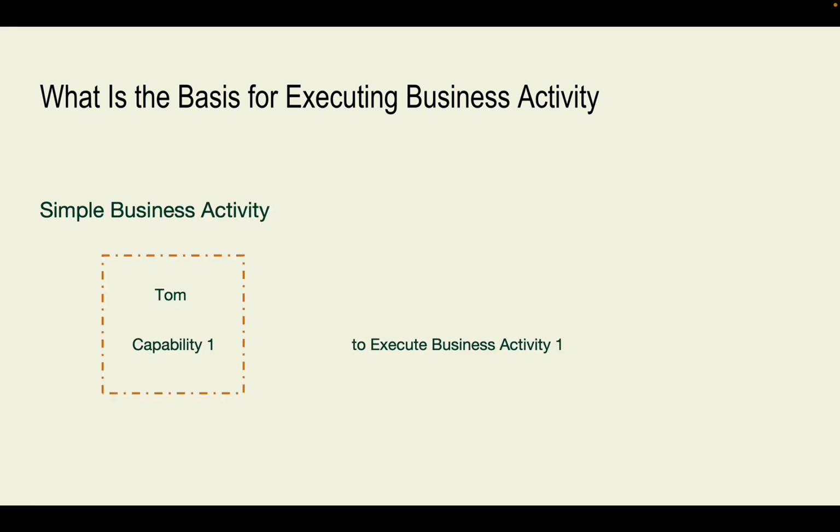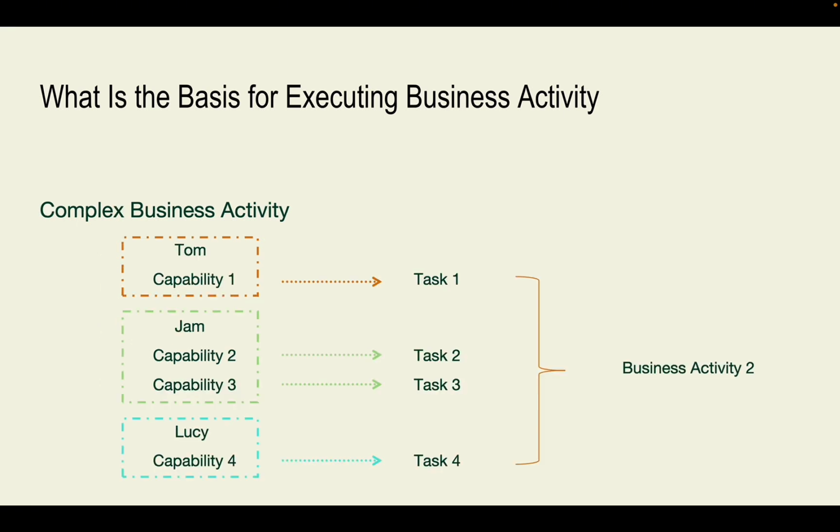Now, let's consider a simple business activity. For instance, if Tom has the capability to do this, he can complete it on his own. But in modern business, many activities are complex and can't be completed by just one person. For example, to complete a complex business activity, Tom has the capability to do task 1.